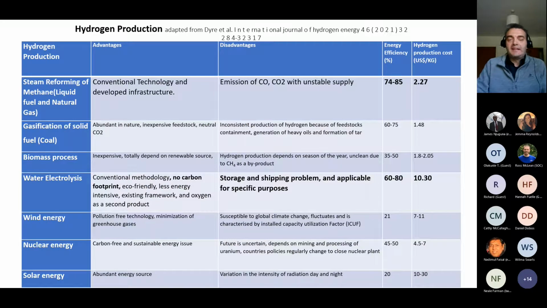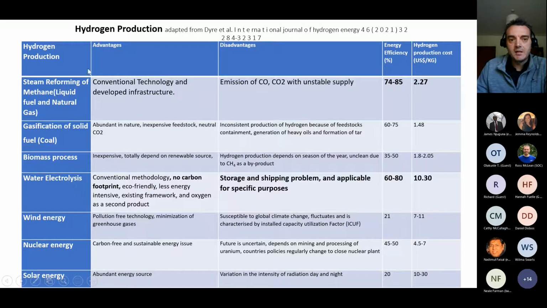This is a very interesting article, 2021, Dawood et al., from the International Journal of Hydrogen Energy, covering hydrogen production: the advantages, disadvantages, production methods, and also the cost per kilogram, as you can see.